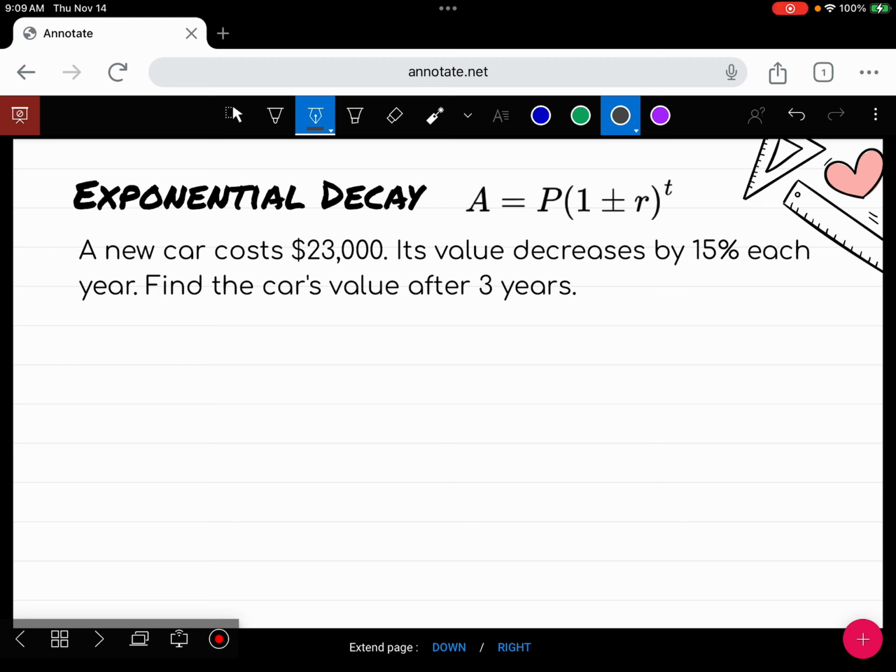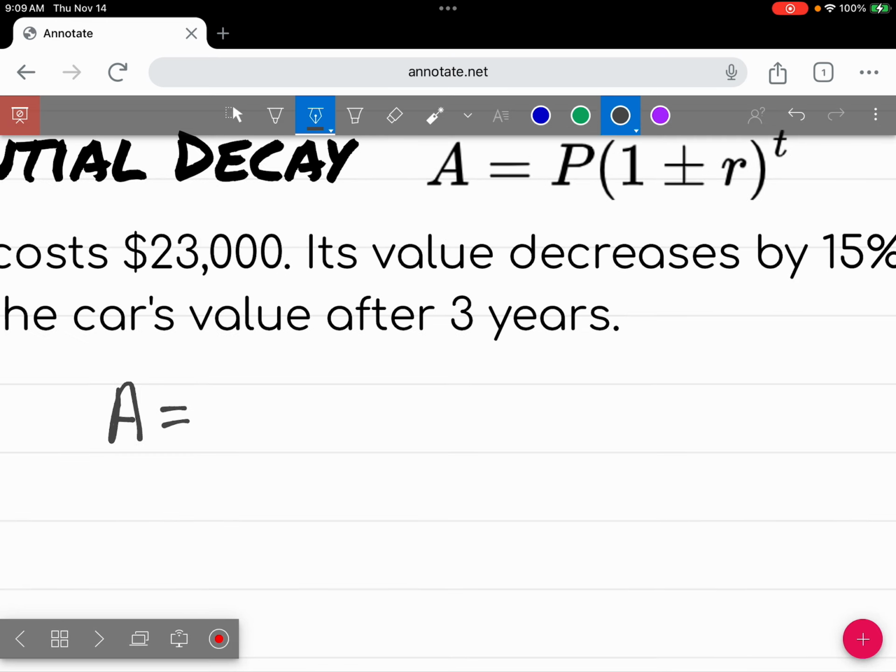So we're going to build our equation with the amount of our value. What do we start with? Our $23,000. That is our principal, this guy.